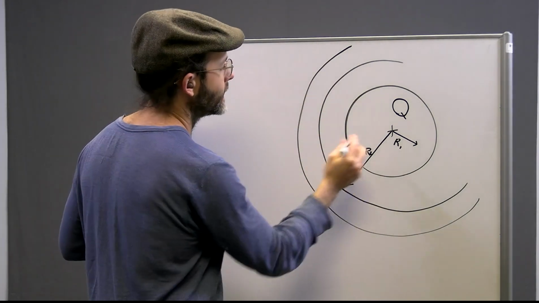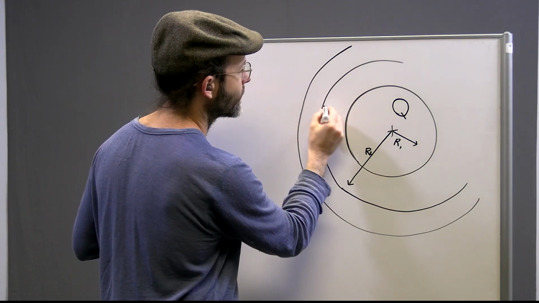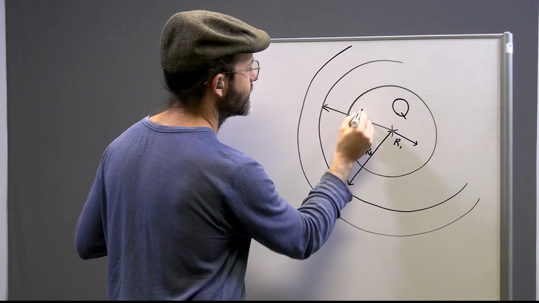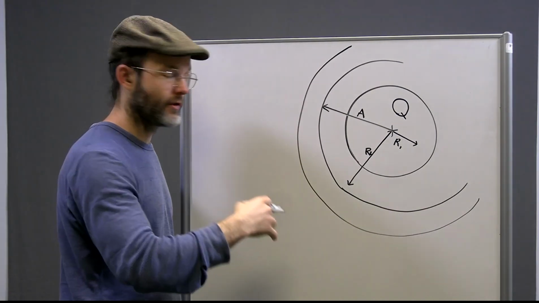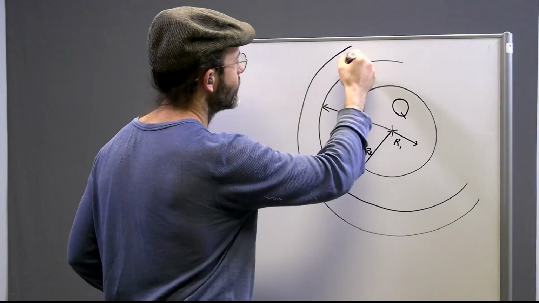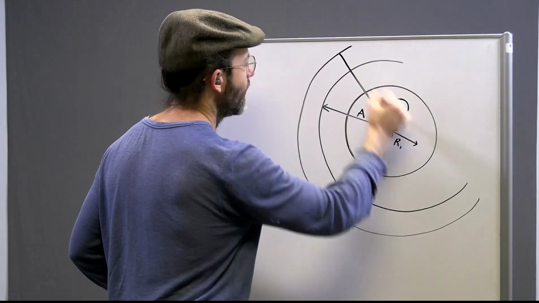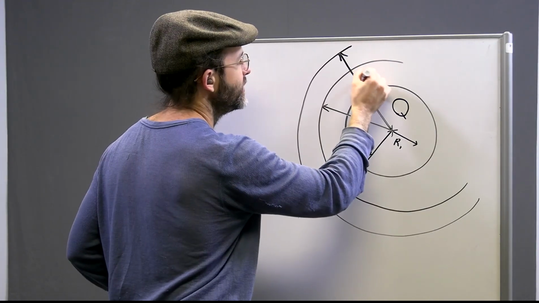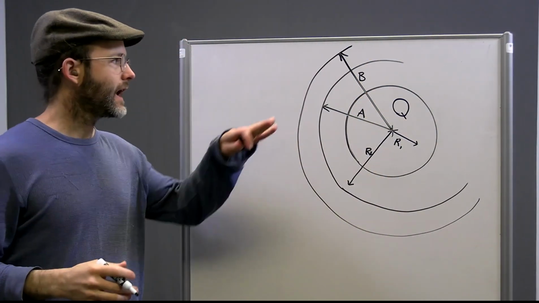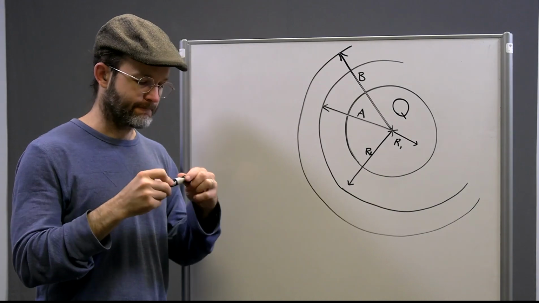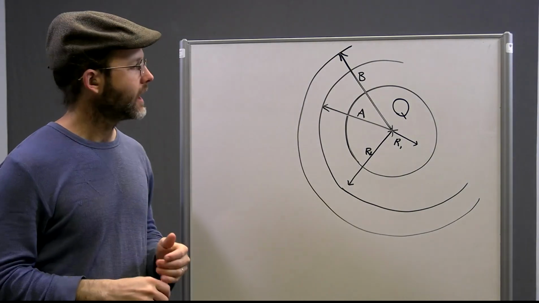So let's give this a radius A. That's the inside of the hollow sphere. And then we're going to give this a radius capital B. Now that is the outside surface of this conducting hollow sphere.